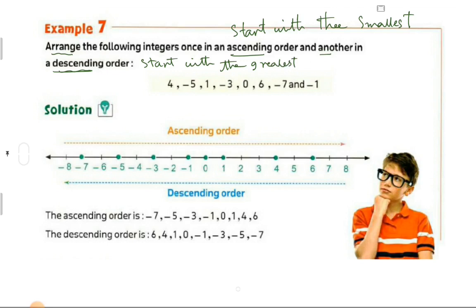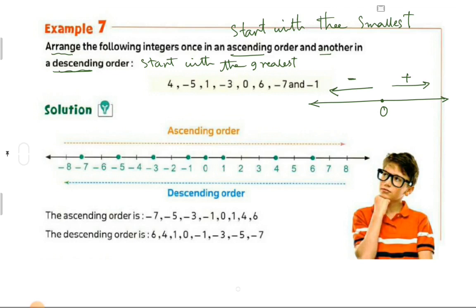Okay, we have 4, negative 5, 1, negative 3, 0, 6, negative 7 and negative 1. You can imagine the number line. We know that here we have 0, positive integers to the right and negative integers to the left.